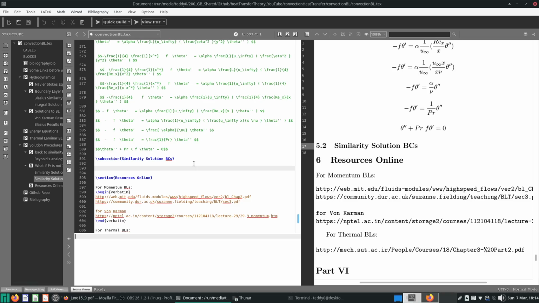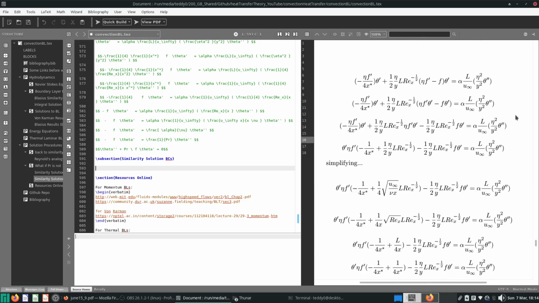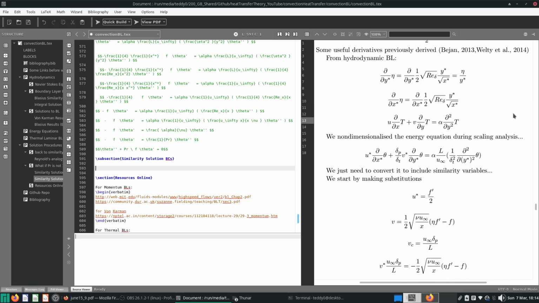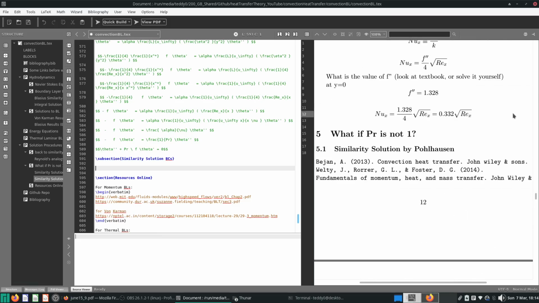We don't need numerical solutions like we thought of last time, and also f of eta is already known based on the similarity solution from the Blasius flow, the standard Blasius flow. So that makes it a bit easier.